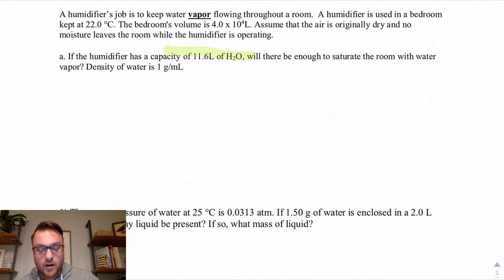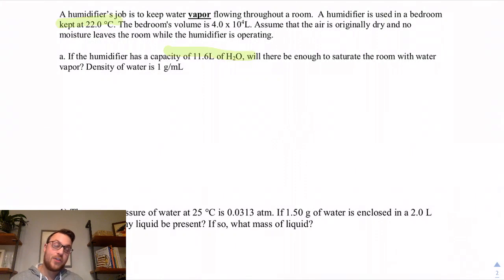So the first thing that you needed to do was figure out how much water can fit in that room at that temperature. And there is a nice, lovely graph on the reference table that shows a relationship with vapor pressure, and that's table H. I should have a reference table in here somewhere.